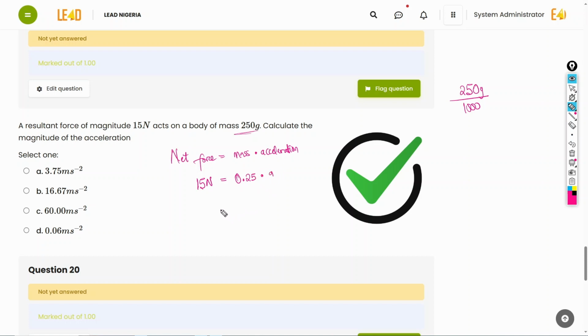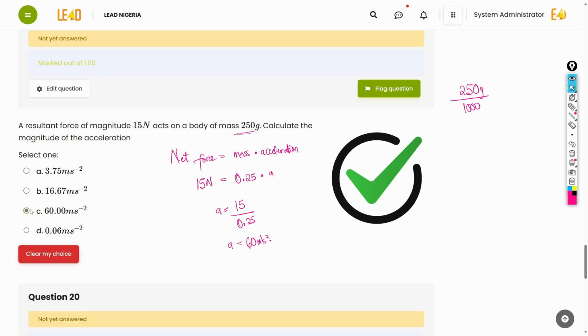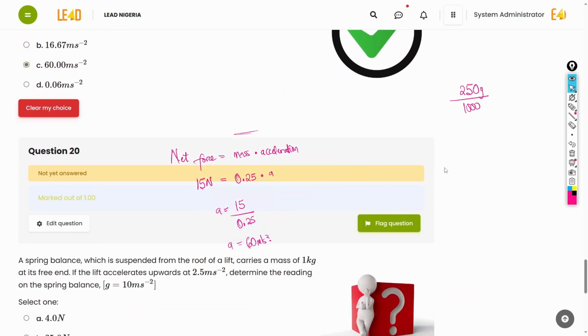So our a would be 15 divided by 0.25, which is the same as 15 times 4, which is 60 meters per second squared. So the answer is C. We just used F equals ma, and then we had to change the mass to the SI unit of kilograms by dividing by 1,000.